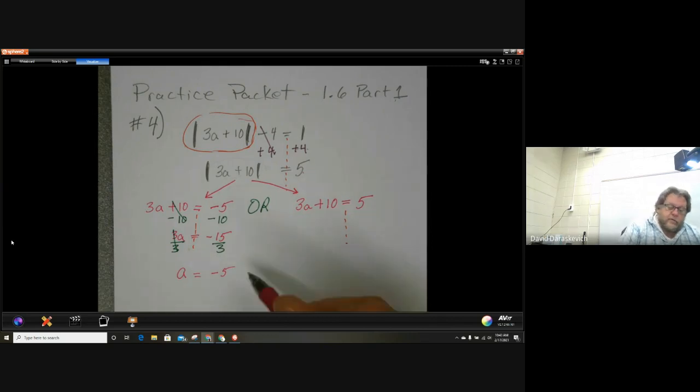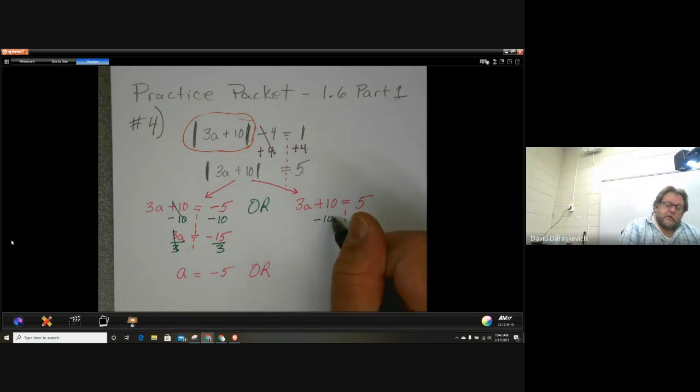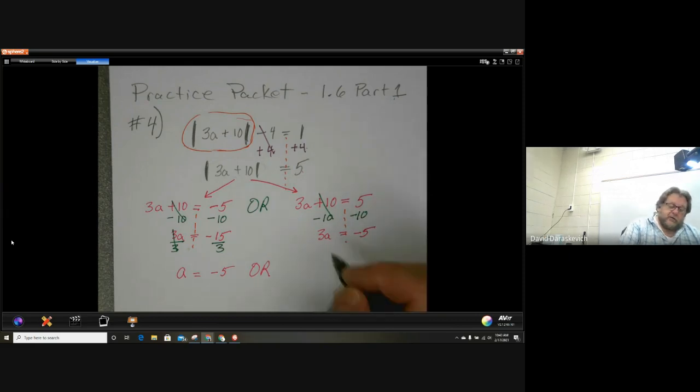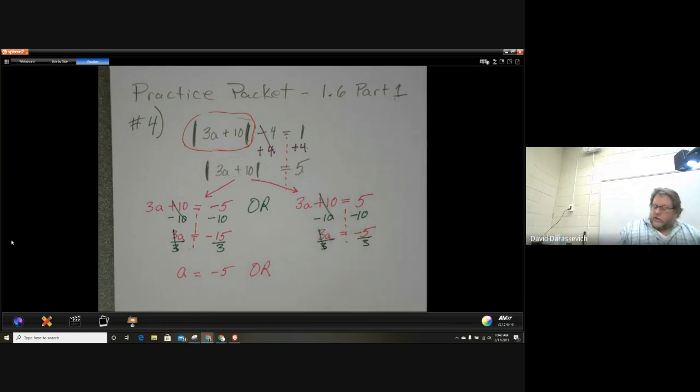Or now I got to solve the other equation. -10, minus 10. I get my 3a. 5 minus 10 is -5. Divide by 3. And a equals -5/3. So this is my answer.